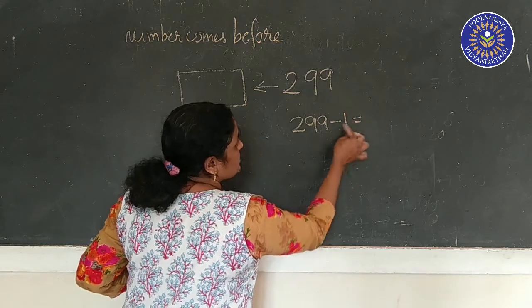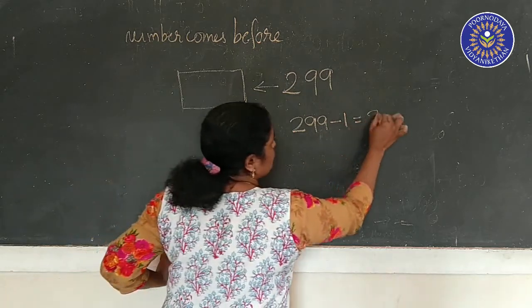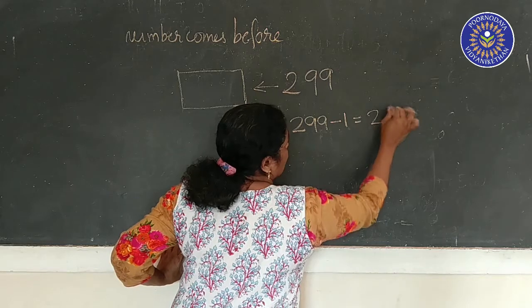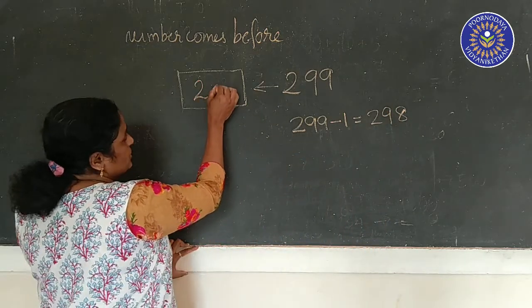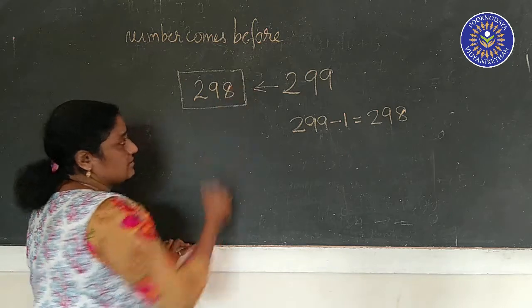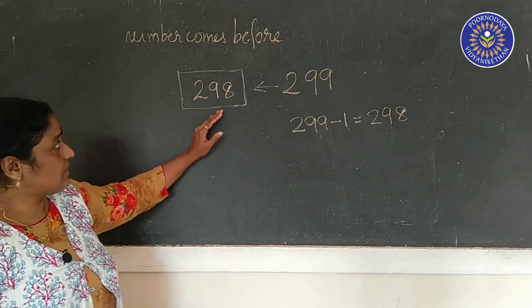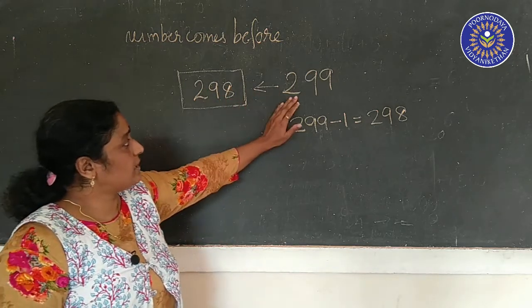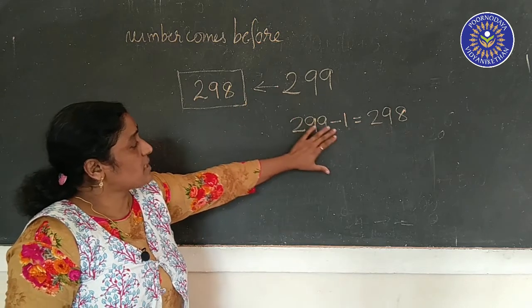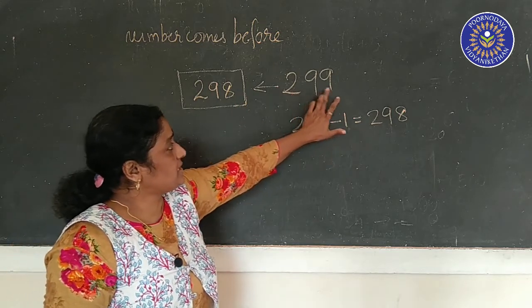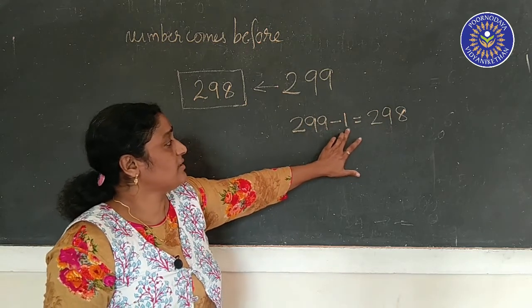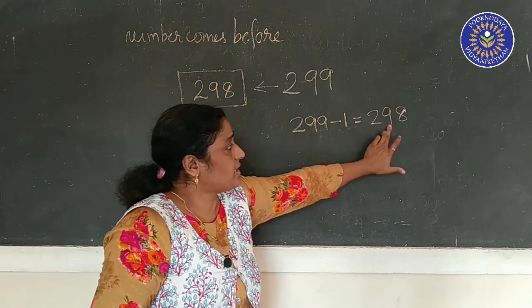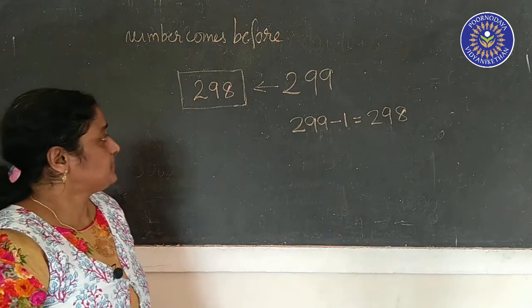If we subtract 1 from this number, we will get 298. So the answer is 298. For getting the number that comes before a given number, we have to subtract 1 from 299. 299 minus 1 is equal to 298.